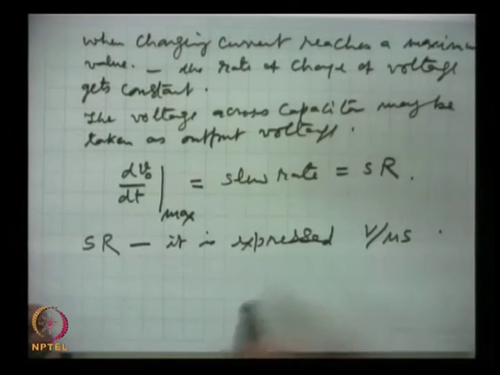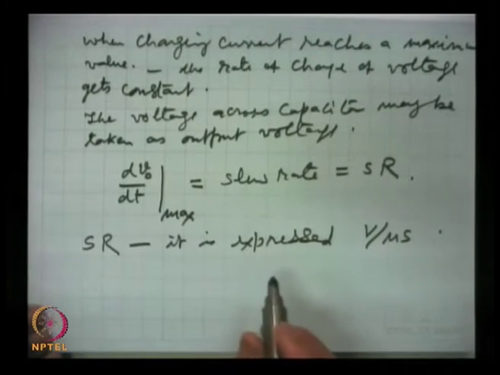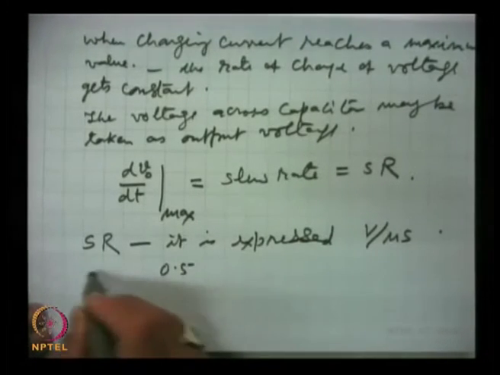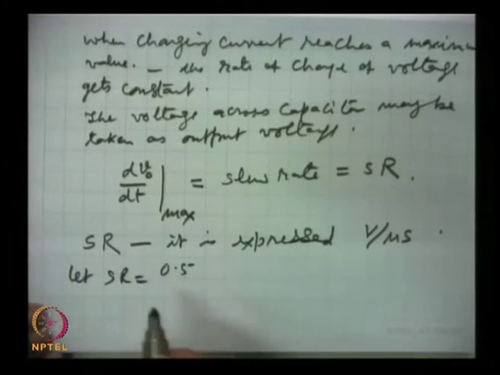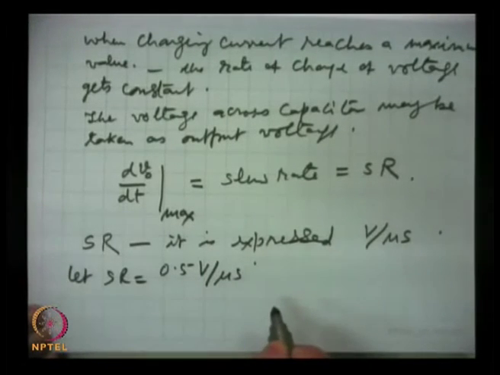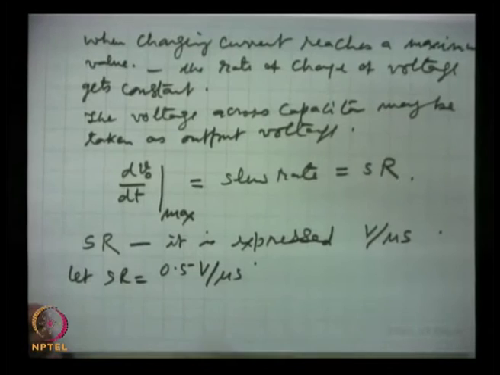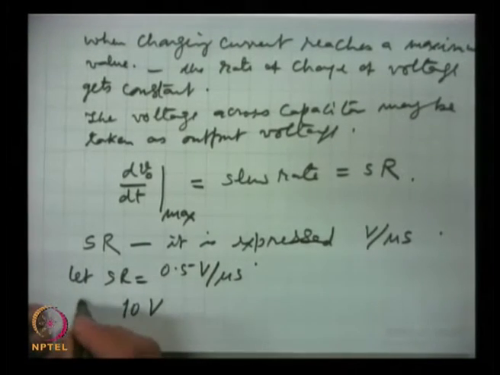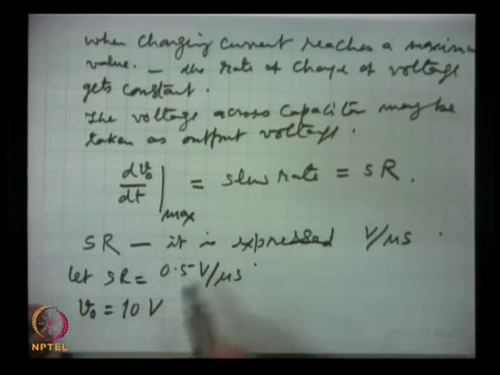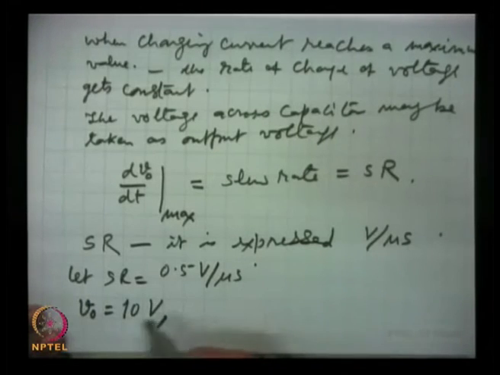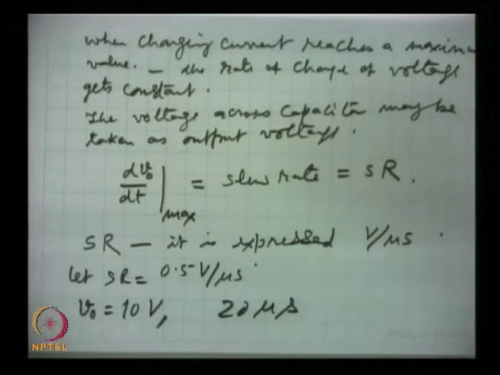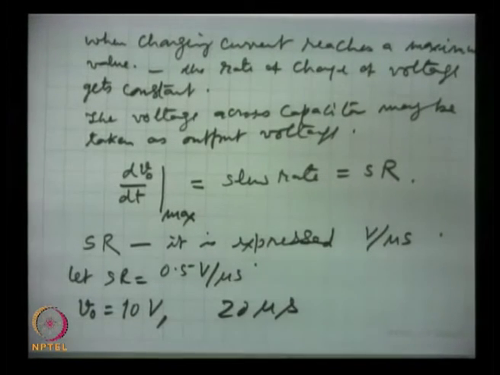So, if the slew rate is, for example, 0.5, let SR be 0.5 volt per microsecond, and if the output goes as high as say 10 volts, then slew rate puts the restriction, and it says that it will take 20 microseconds for the output to rise to 10 volts.